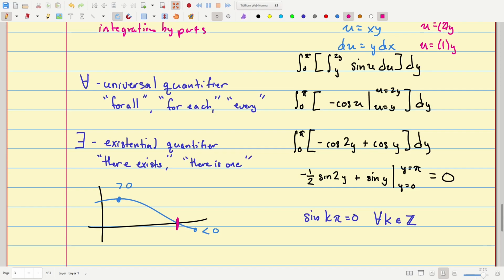If we have a continuous function here, right? If I draw a different curve, there might be more than one point where it crosses the x-axis, but there is at least one. Okay, that's what we mean by an existential quantifier. There's a minimum of one case where the condition holds.